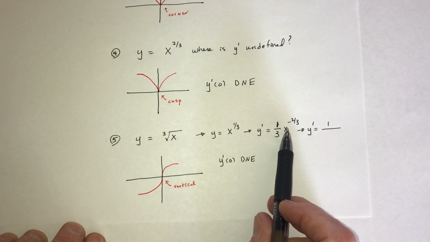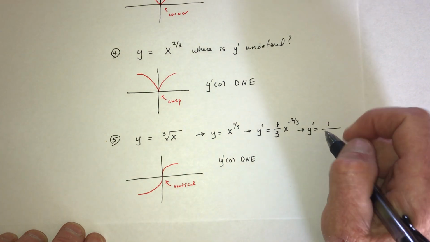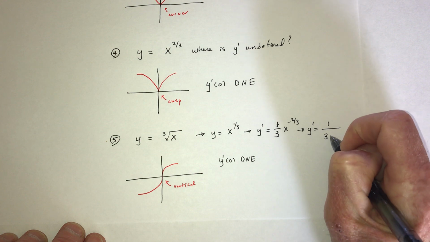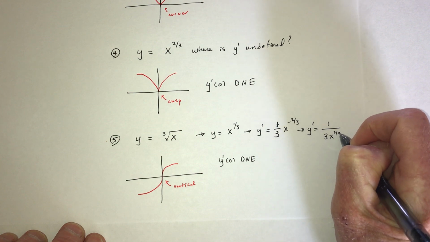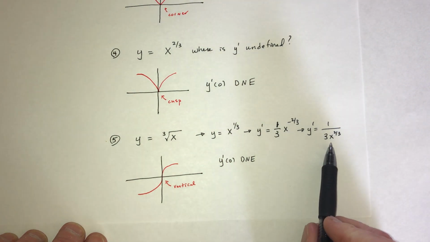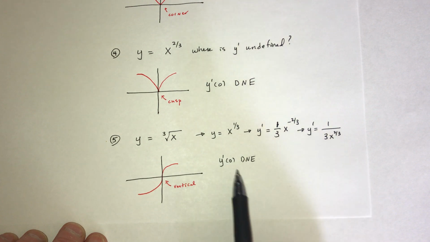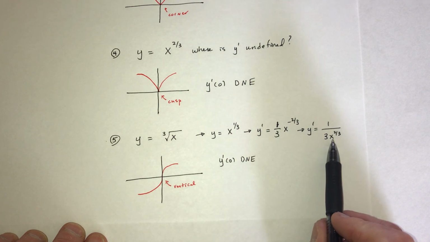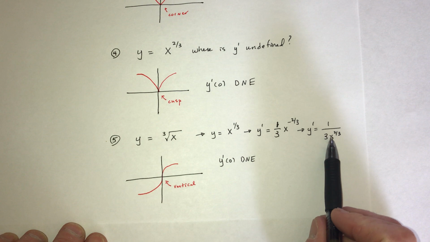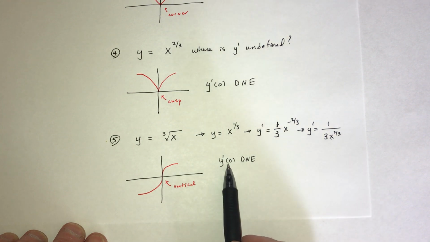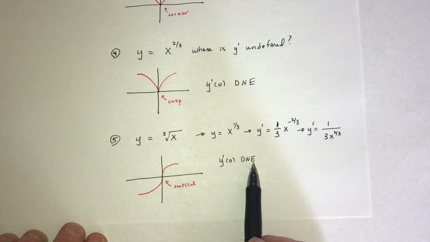And I don't like to leave negative exponents, so I'm going to invert this. The 3 is on the bottom, and then x to the 2/3. So that is the derivative. And then if you take a 0 and plug it in for x, that is going to cause division by 0. So at 0, the derivative does not exist.